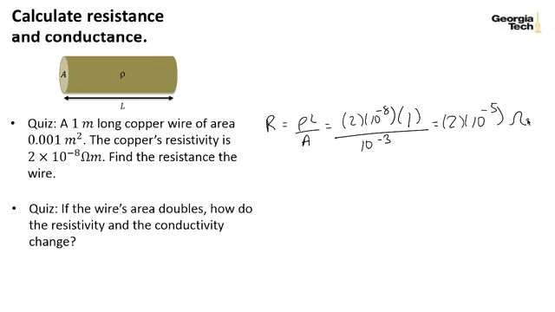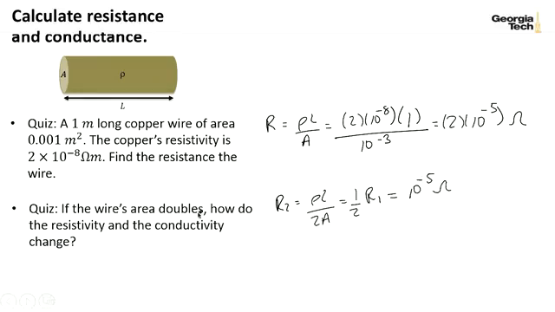Now the second question asks, if the wire's area doubles, how do the resistance and the conductance change? So if we call R2 as ρ L over 2A, then that's the same as 1/2 the resistance of R1, or 10 to the minus 5 ohms.